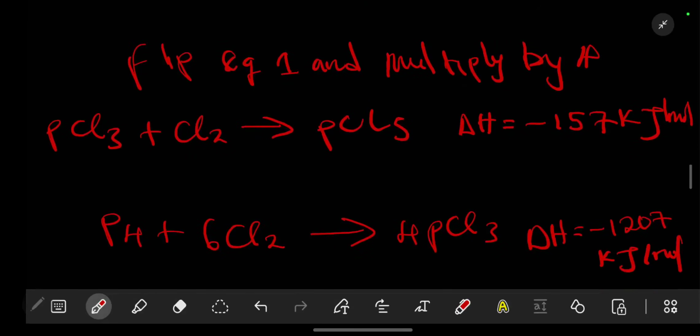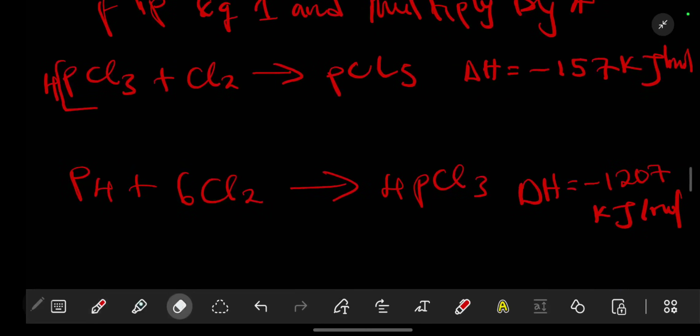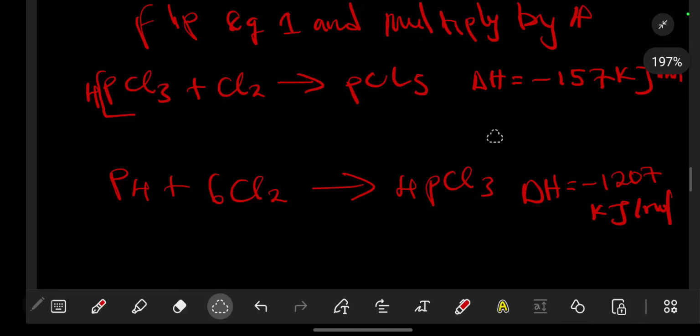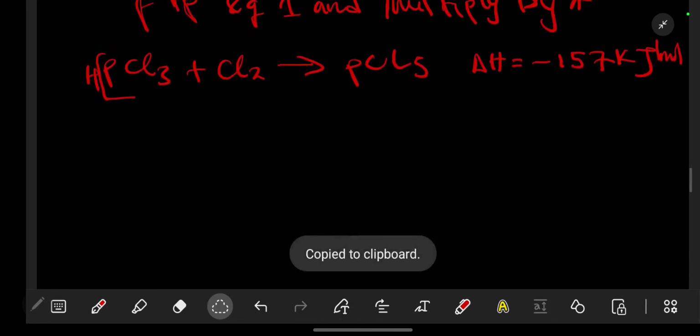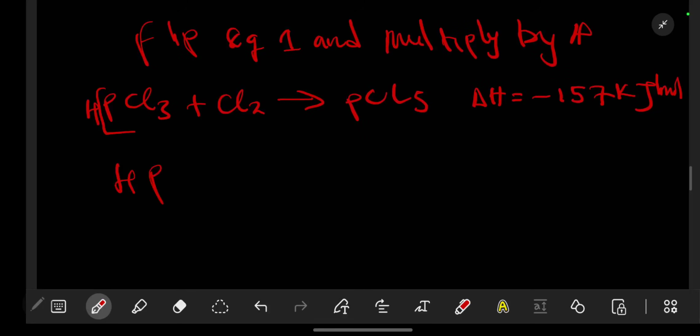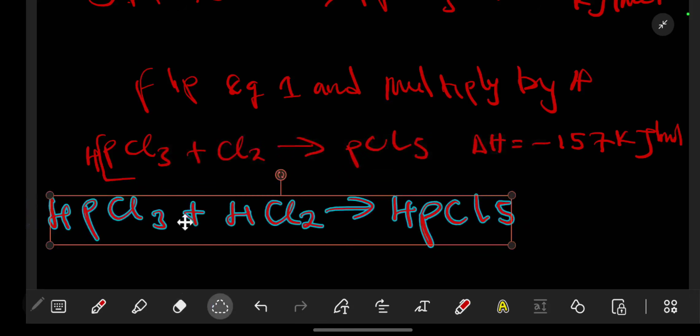So in this regard we are going to cancel whatever is common. As we said, we have to multiply by 4 to this equation. So multiplying by 4, we are going to have 4PCl3 plus 4Cl2 to produce 4PCl5. Then the enthalpy change should also be multiplied by 4.